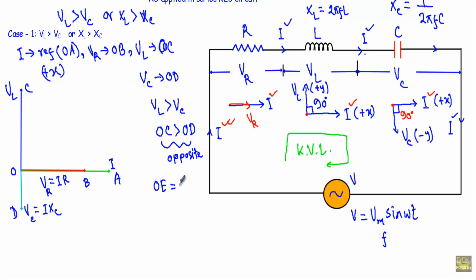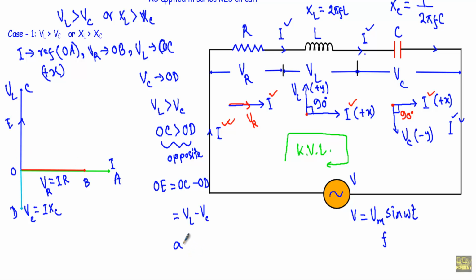This OE will be the subtraction of OC minus OD. So let's say OE. This OE is the voltage VL minus VC because OC is equal to VL and VC equal to OD. Okay, now see I get the OE and OB phasor.